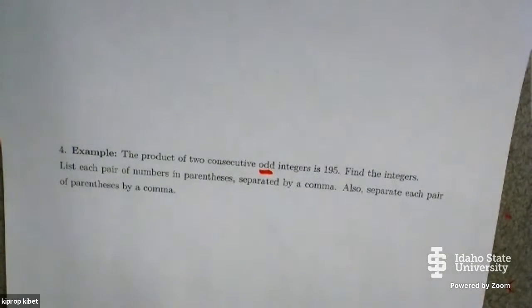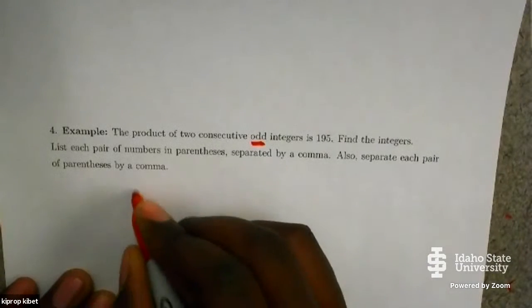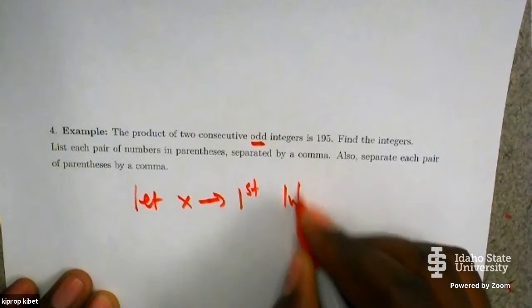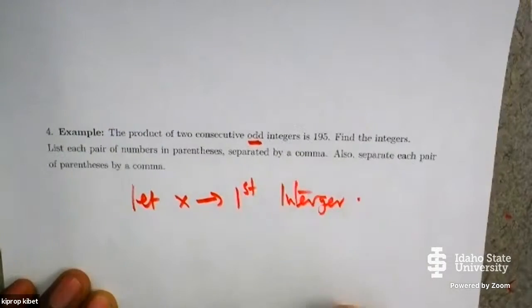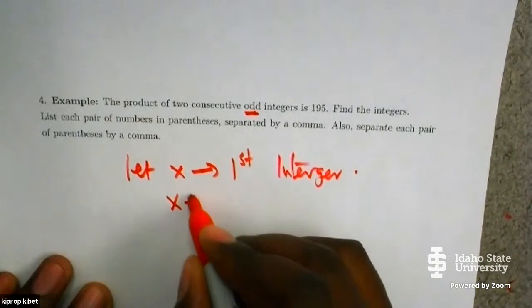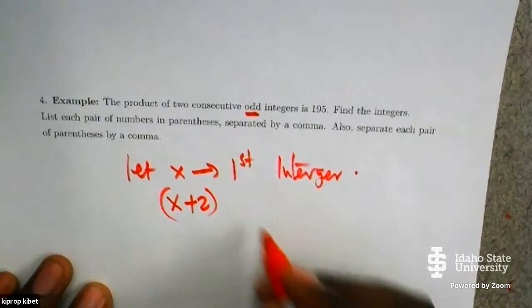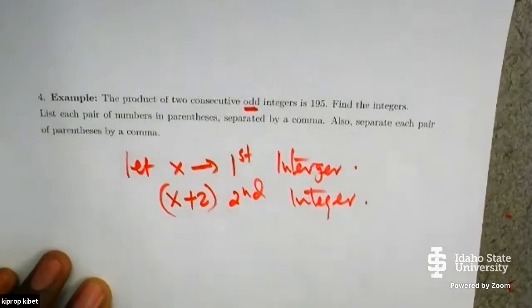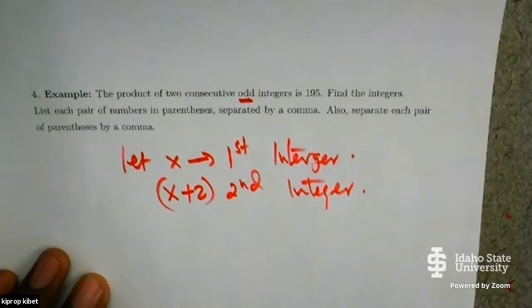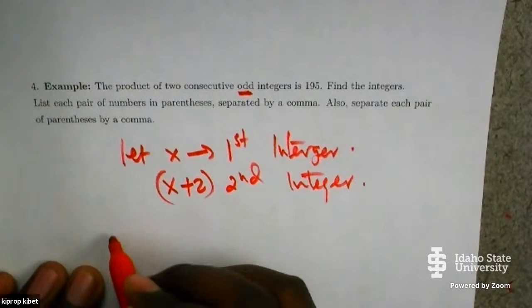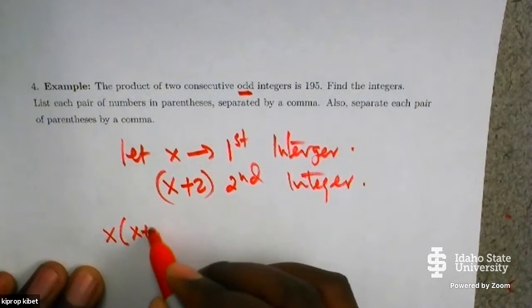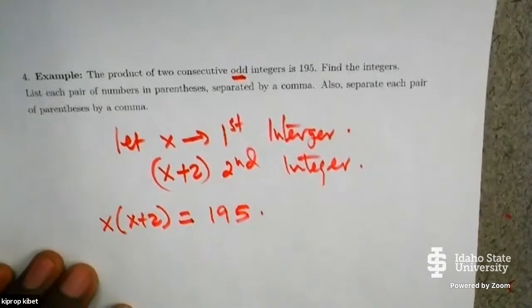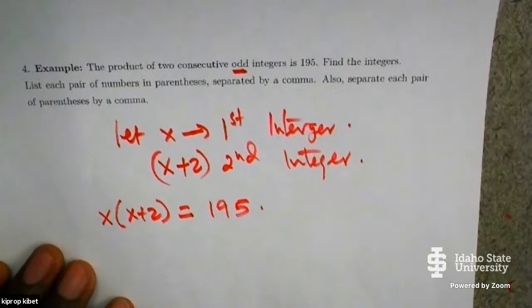So if we let x be the first integer, then the second one will be x plus 2. So then the product, x times x plus 2, equals what? 195.